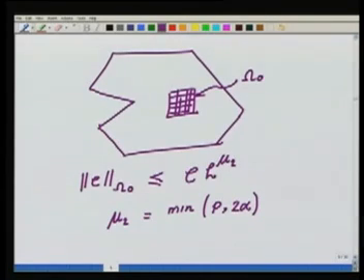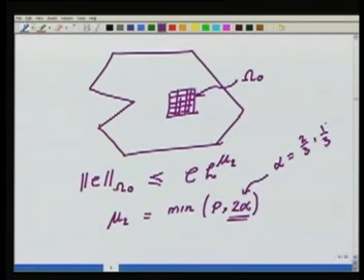So if my p is less than 2 alpha, I am fine as far as the accuracy here is concerned. It goes at what I got for the global optimal rate. But if my 2 alpha is less than p, that is, I have used high enough p, and in most engineering problems this is always true, even for p equal to 1, because generally for the domains I have shown, alpha could be 2/3, 1/3, and so on.